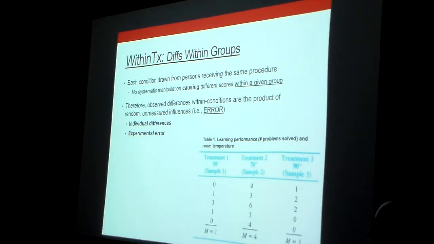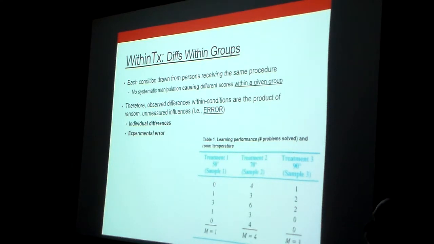Everybody's getting the exact same thing, right? So any differences that we see in scores within a condition are a function of some random or other unmeasured factor, okay? And this is going to be our error, right? Now, it doesn't say it's all random error. It could be because of very systematic differences. It could be things that maybe I didn't account for. But if I didn't account for it, if it's not a variable in my analyses, that's error, right?